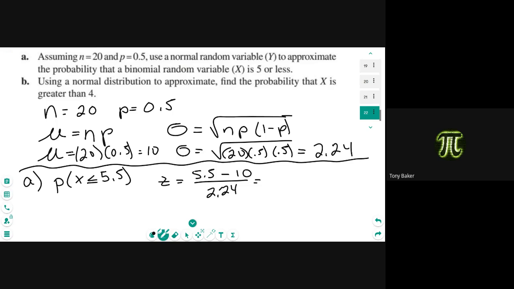And I got negative 2.00 or 2.01. So if I look at my negative 2.01, I get 0.0222.